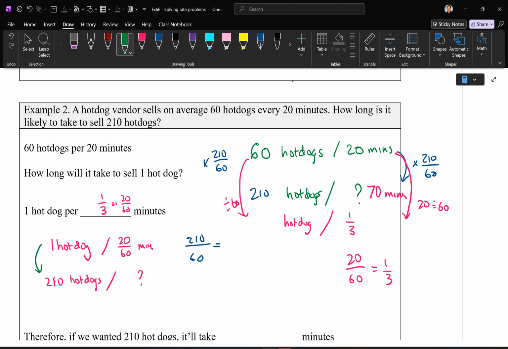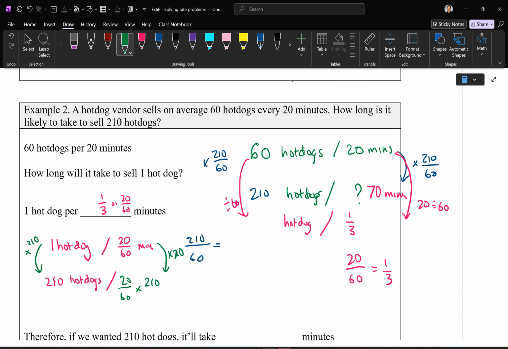You times it by 210. From 1 to get to 210, you times by 210. But whatever you do to one side, times it to the other. And it ends up being the same technique. 20 over 60 times 210 is not different to what I showed you before. That's the same thing as saying 20 times 210 divided by 60. On your calculator, same thing.